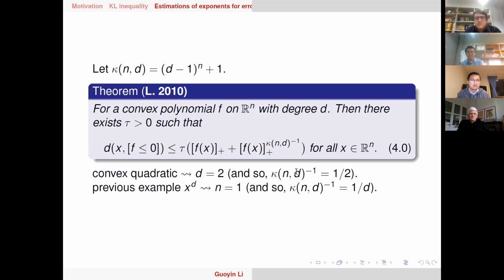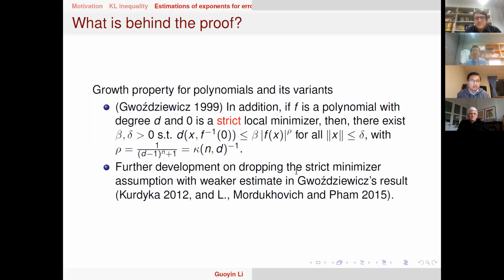It's actually based on mathematical induction. Very nice trick. I was a big fan of that when I was a high school student. What's underlying it is a very nice growth property for polynomials, which I'm also going to use.